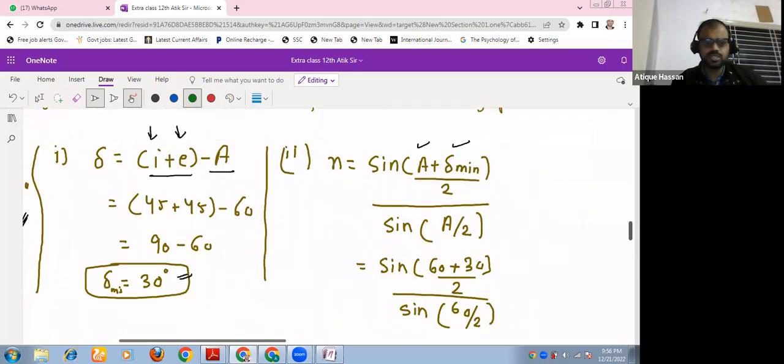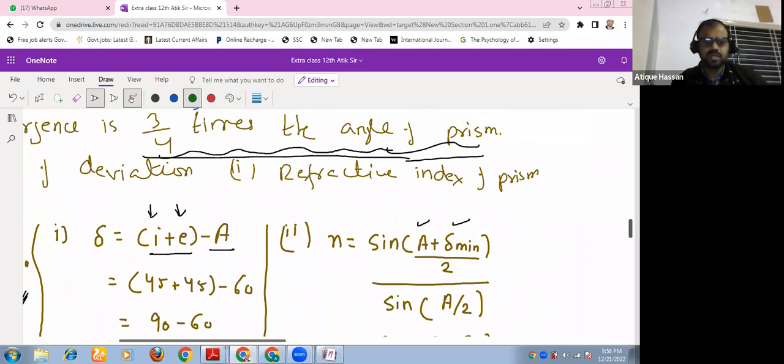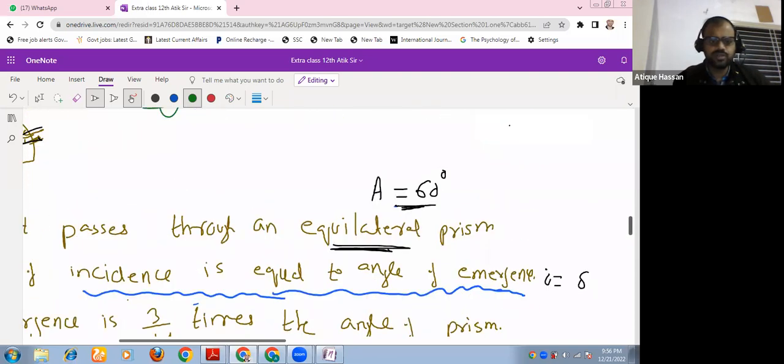So here an equilateral prism is given. So obviously A will be 60 degree, and the angle of incidence is equal to the angle of emergence. It is given in the question.